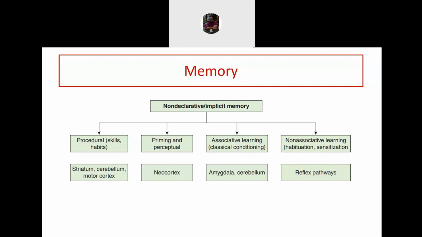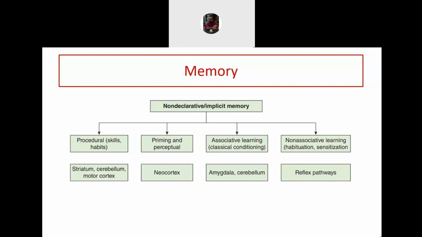Striatum helps in planning, cerebellum in learning the coordination, and motor cortex executes the plan. These three areas, therefore, remember how to do something. That is the procedural skill.